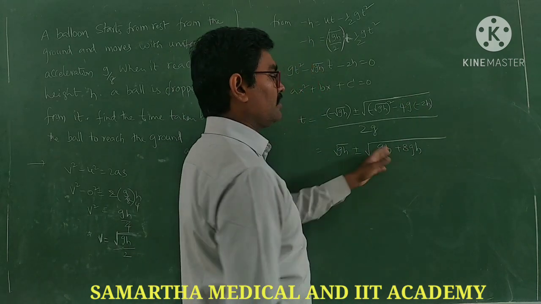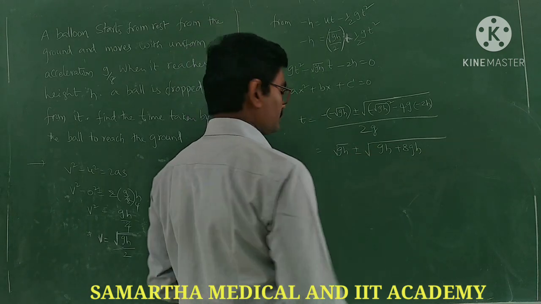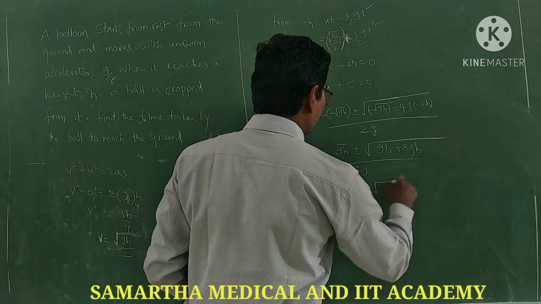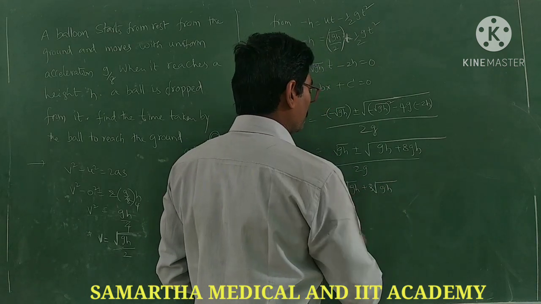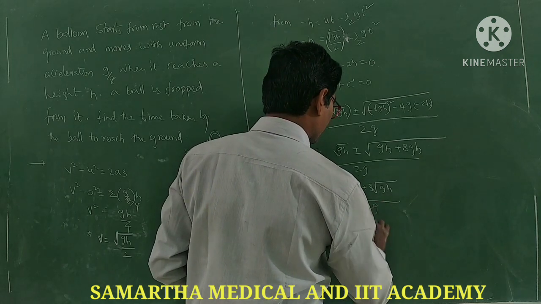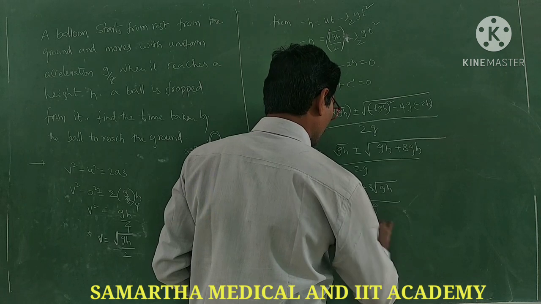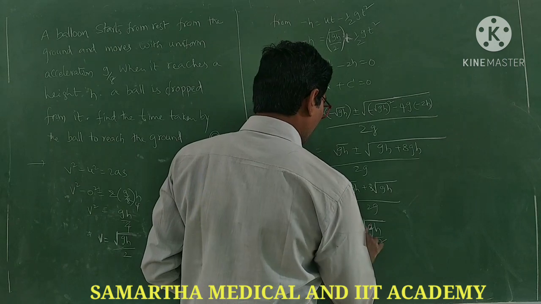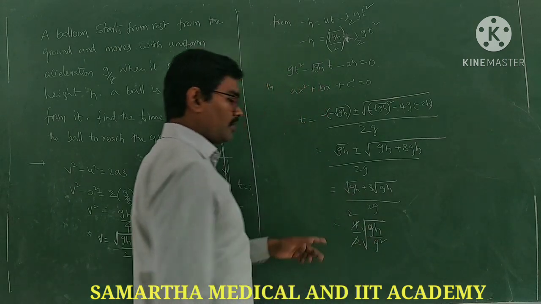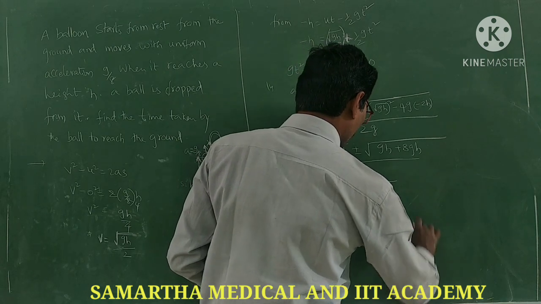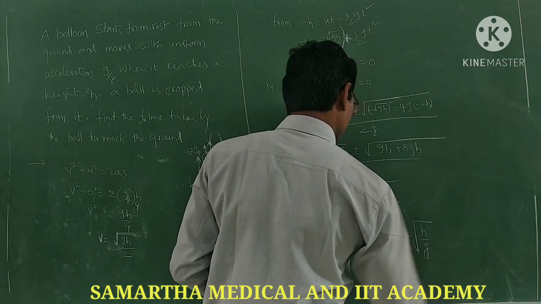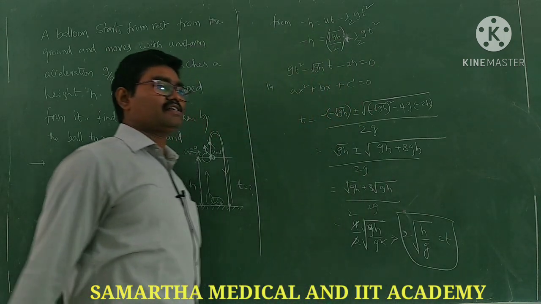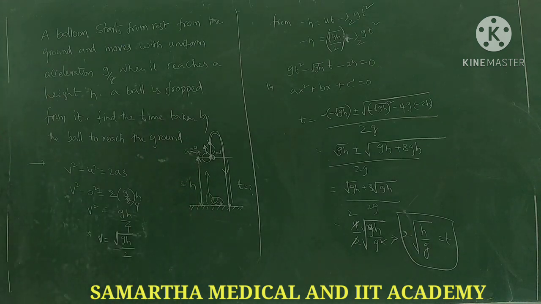Totally 9gh, which comes out of the root as 3 root gh. So root gh plus 3 root gh is 4 root gh by 2g. Bringing g inside the root gives g square, and 2 cancels. So we get 2 root h by g. That is the time it takes to reach the ground. Note it.